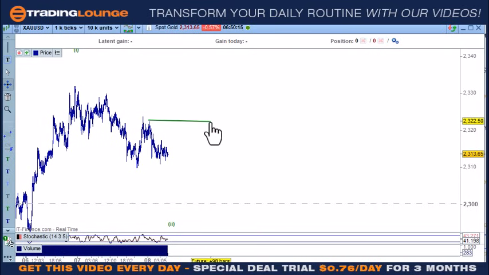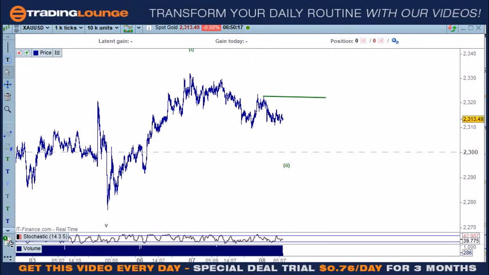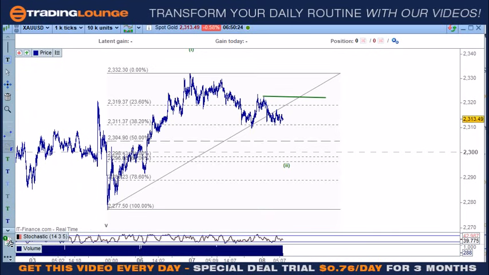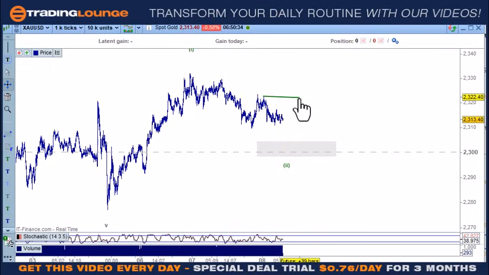Now, if it drops further, which I can see that it can do, it can drop back into the 2-3 here, basically. But that's the long trade at this point.